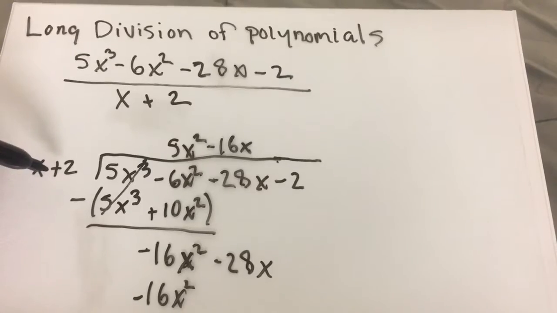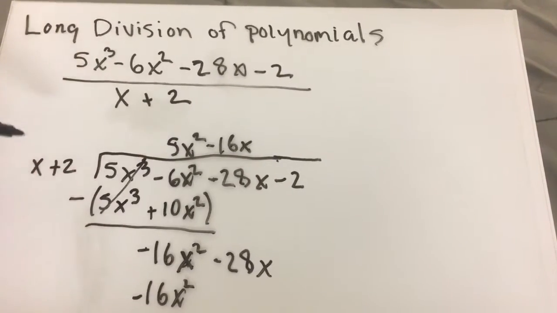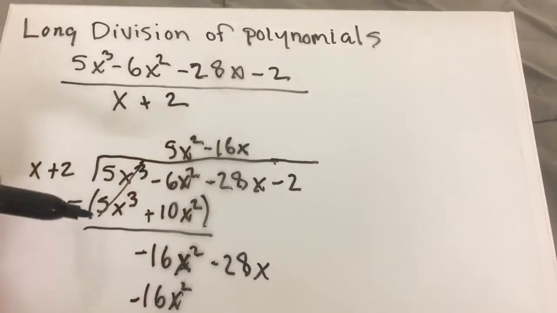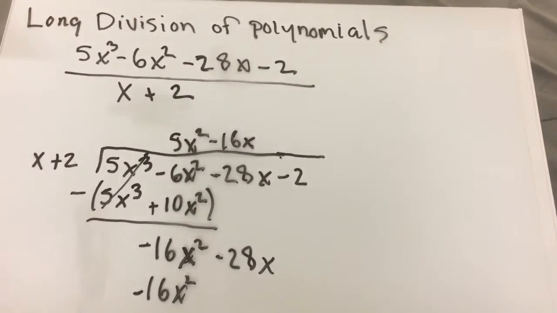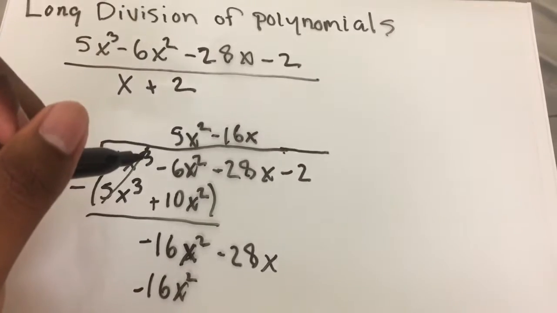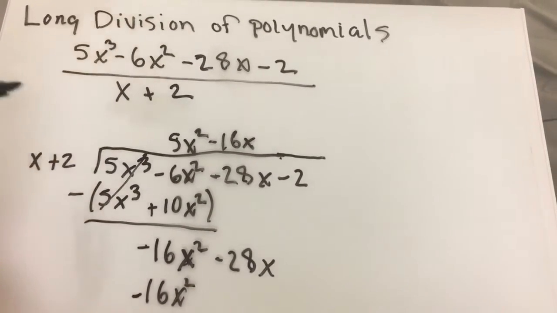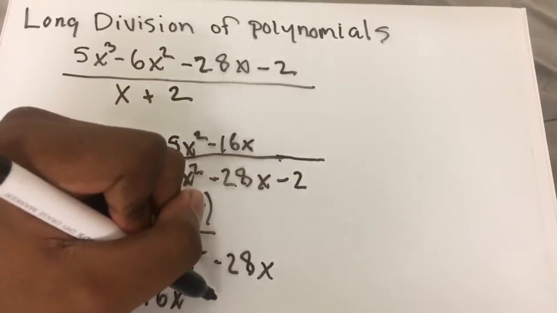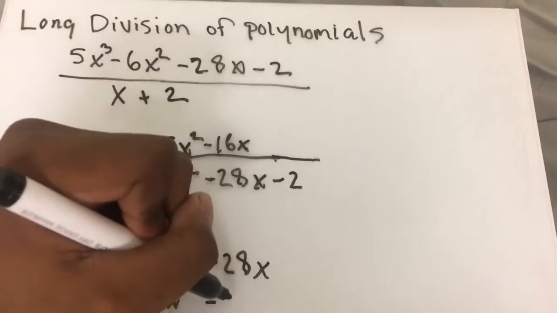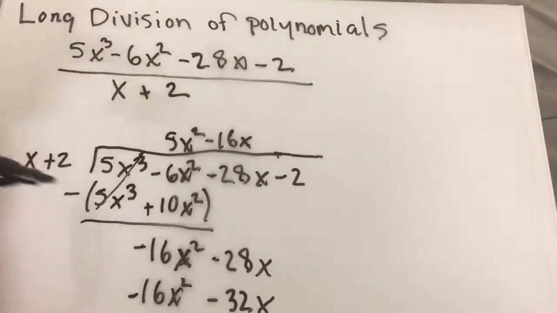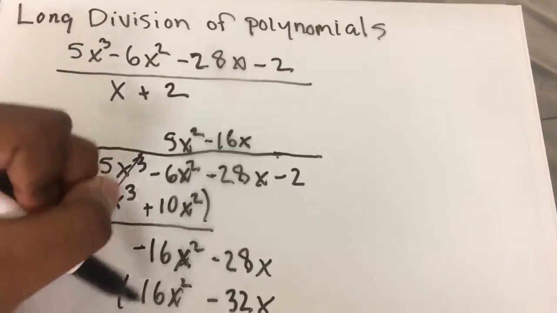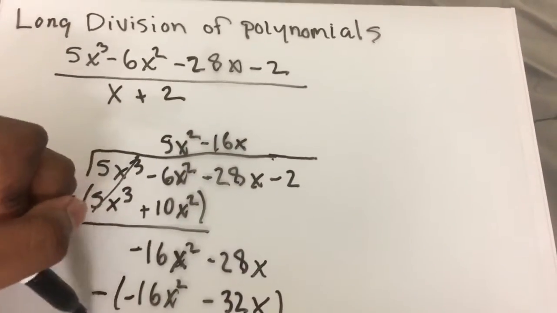And then negative 16x multiplied by 2 is going to be negative 32x. So we're going to write our parentheses, and we're going to make sure we subtract correctly.